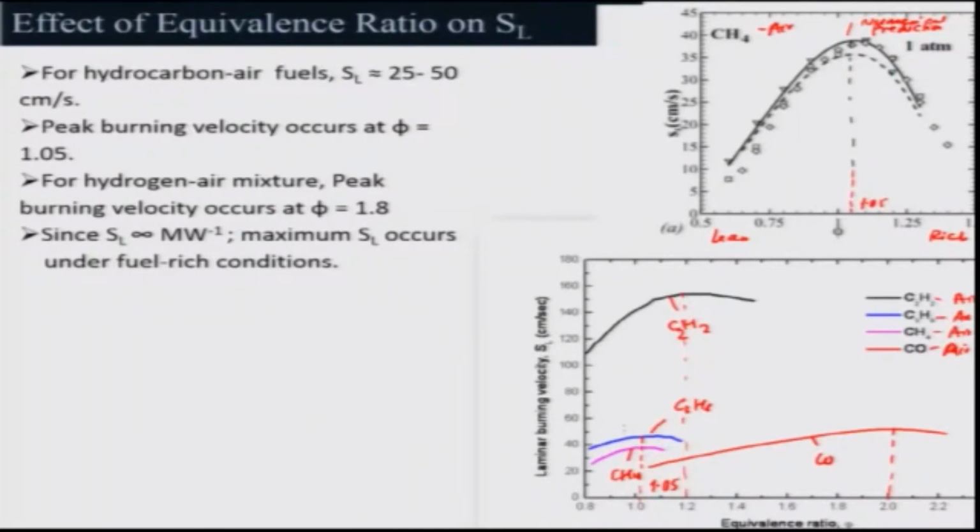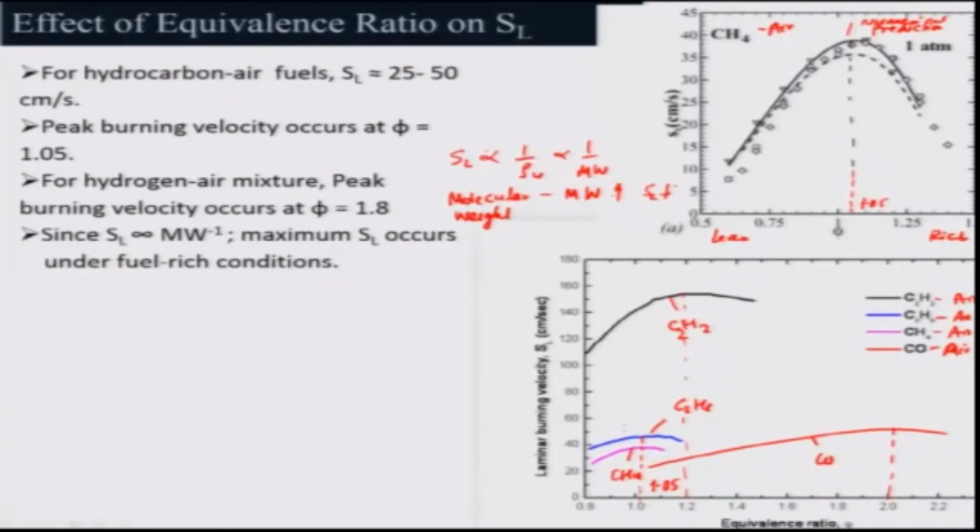And we know from laminar burning velocity that SL is basically proportional to 1 by rho u, and rho u is proportional to basically the molecular weight of the fuel air mixture. So, if the molecular weight increases, then what will happen?